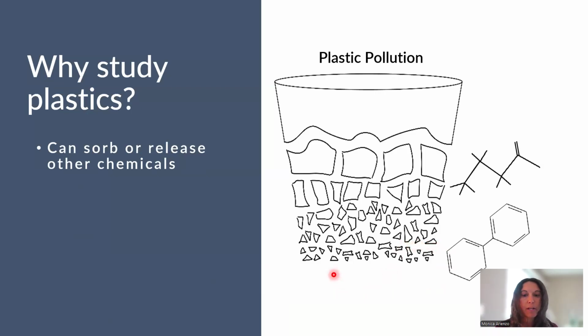So, for example, we know we have mercury in the Truckee River from the historic gold mining that occurred in the region. And so the question was, could mercury attach to a microplastic in the Truckee River and be transported to different parts of the Truckee River?